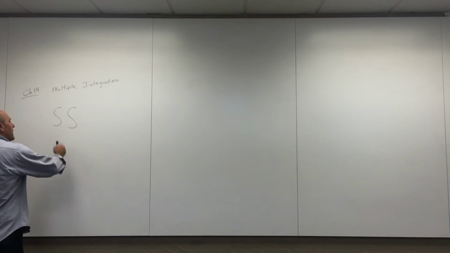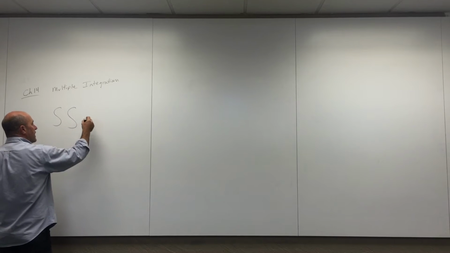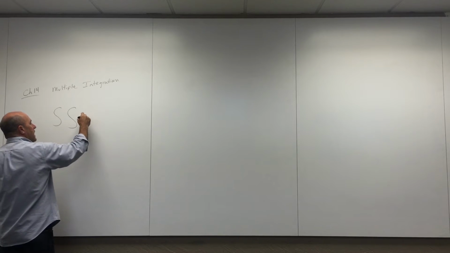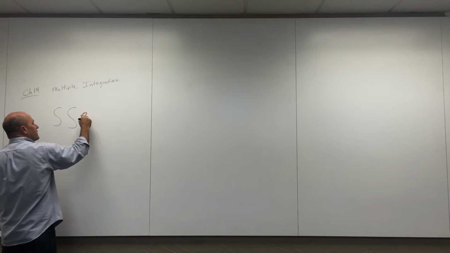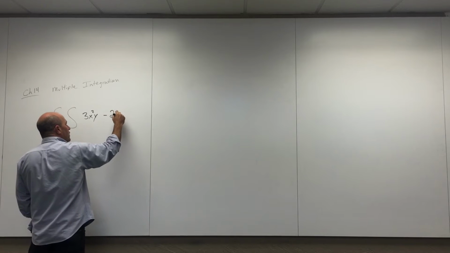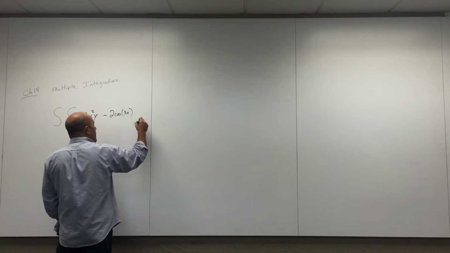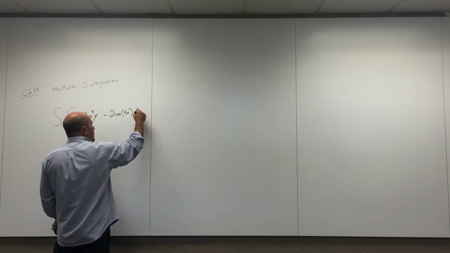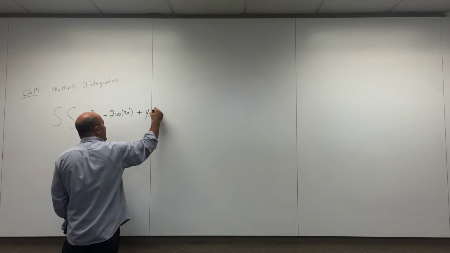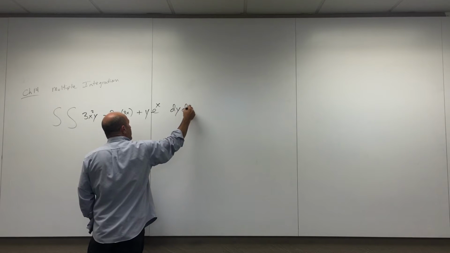So, let's try one. I'm going to do a double integral. I'm going to integrate a function of x's and y's. Let's see here. 3x squared y minus 2 cosine 3x plus y e to the x dy dx.